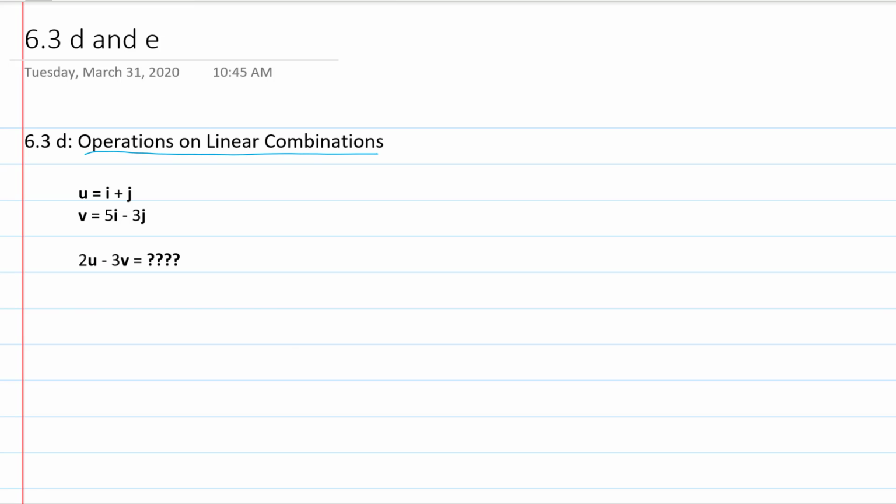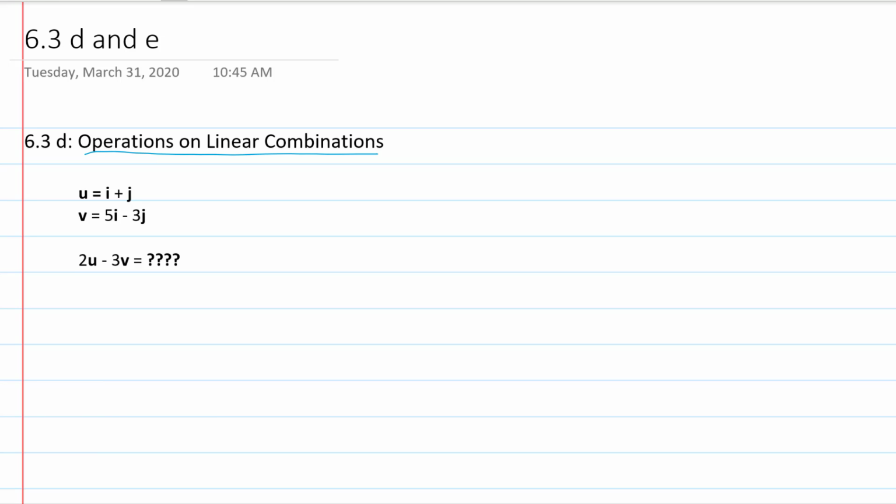What's going to happen is they're going to give you two vectors. In this case, I've got vector u is vector i plus vector j, and vector v is 5i minus 3j. And the question is, what is 2u minus 3v? Well, this works exactly the way you would think it would work.